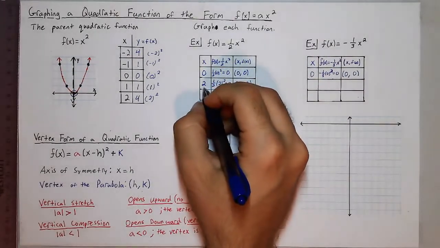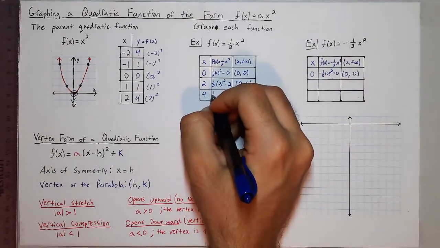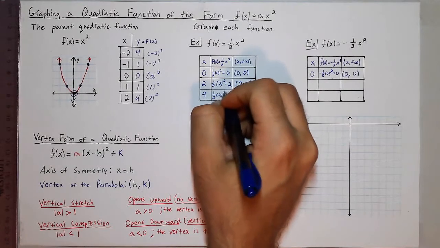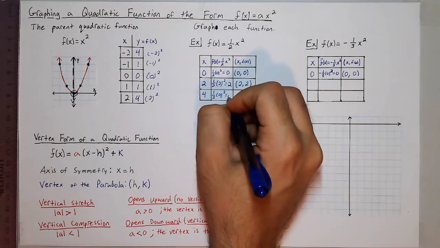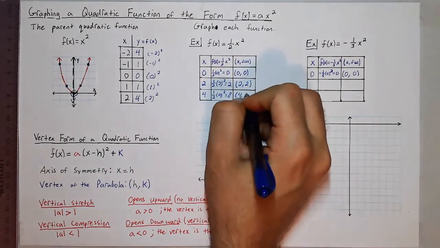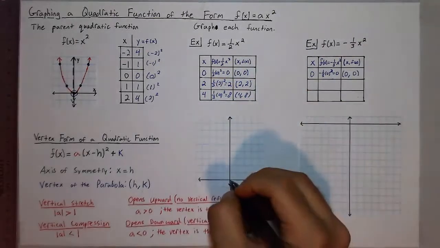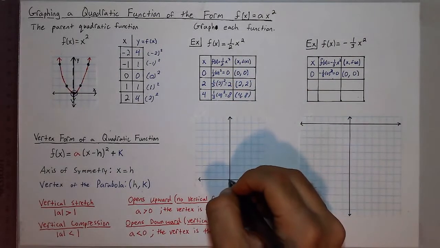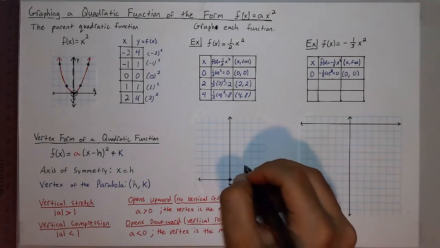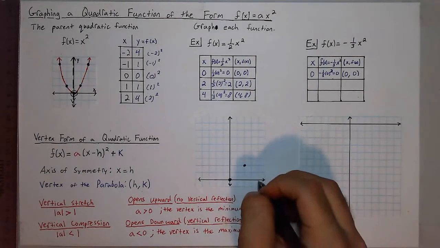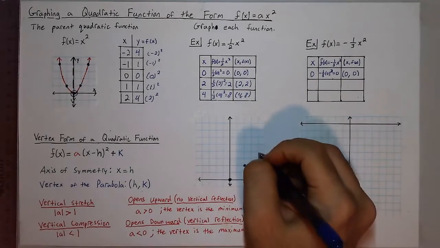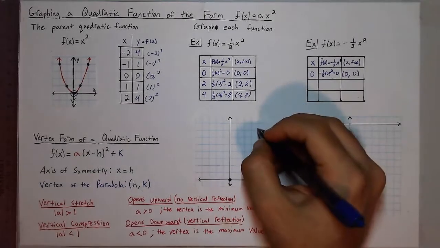And I'll skip to 4 and do 1/2 of 4 squared, which gives me 1/2 of 16, which is 8. So 4, 8. So I'll plot all three of these points: 0, 0, 2, 2, and then 4, 8.